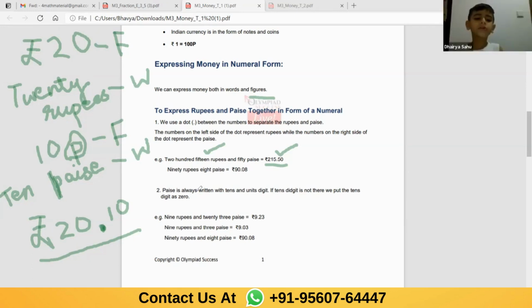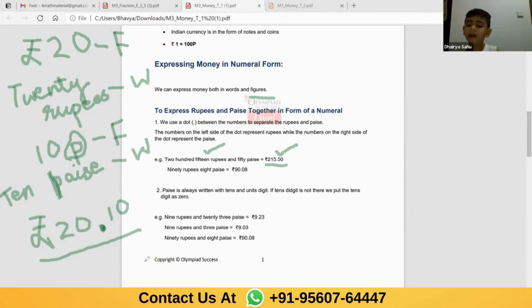So ma'am, how you said to write rupee 20? So after that, will we put the dot and say 10 paisa? We say 10 paise. See, it is not rupee 20. It is always 20 rupees. Rupees always comes after. Okay, ma'am.